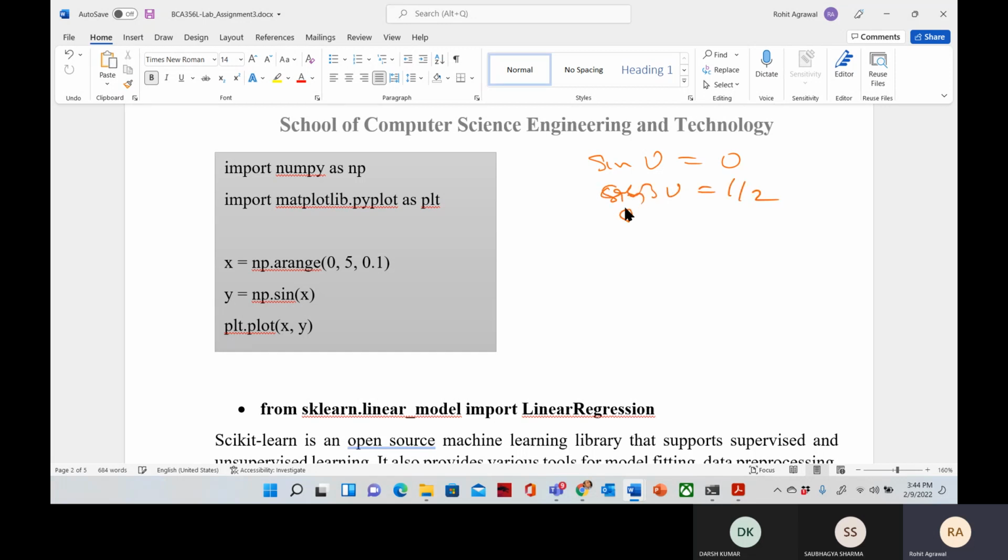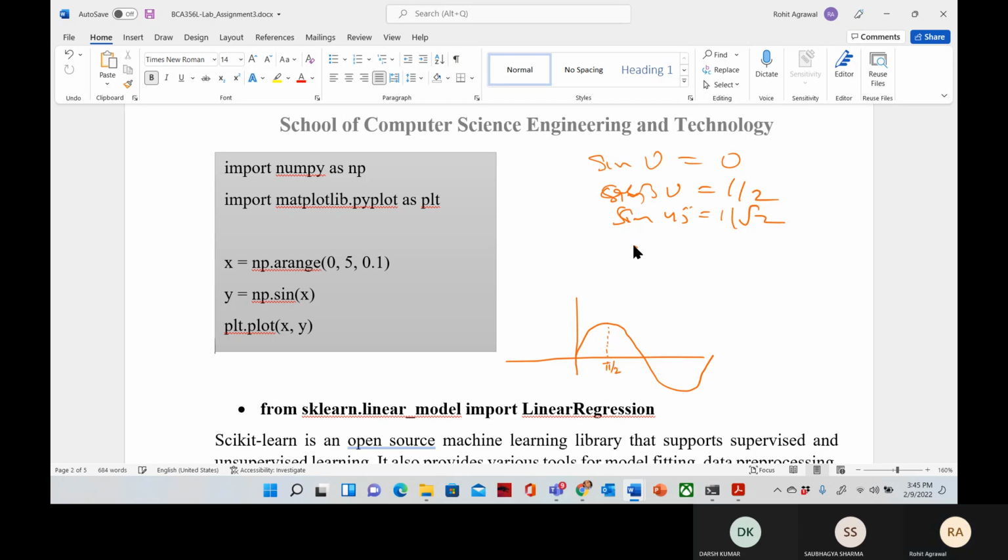Sine 45 is equal to 1 upon square root of 2. Was it an inverted parabola? No, it would not be a parabola. Sir, it was something like frequency, as far as I remember. Yes, sir, like this. I remember because mathematics is my favorite subject.